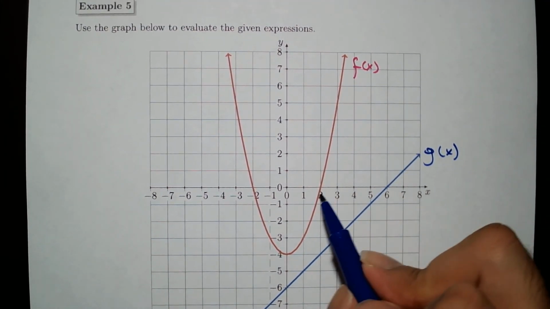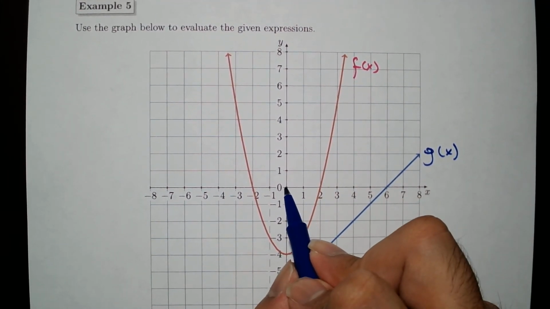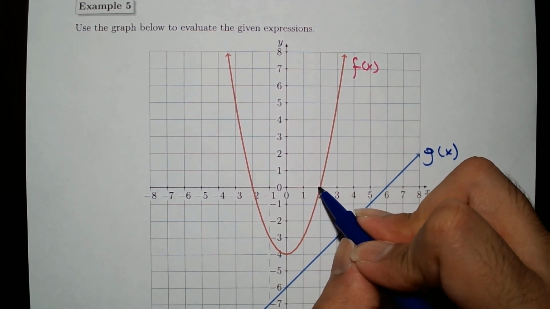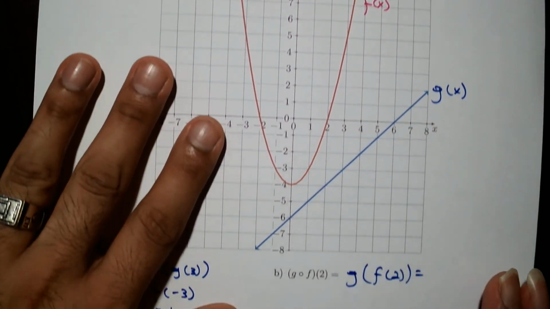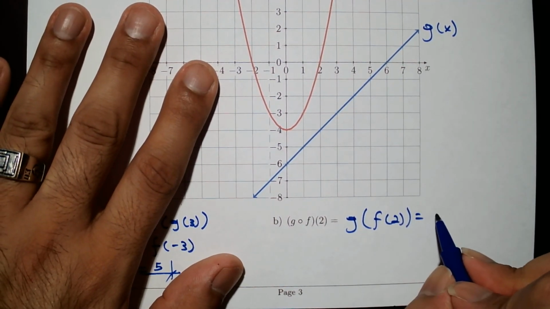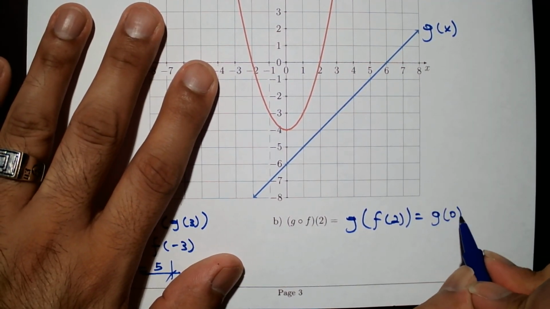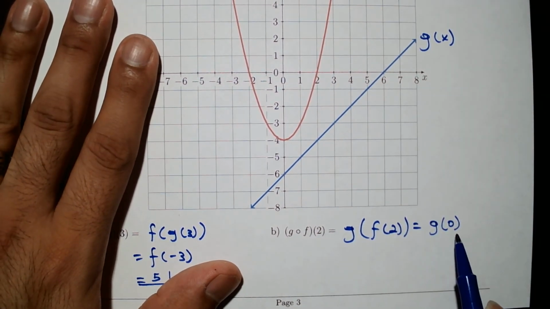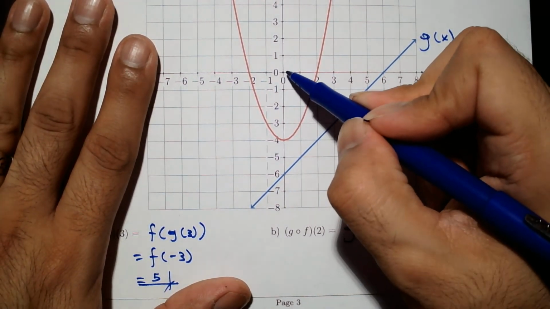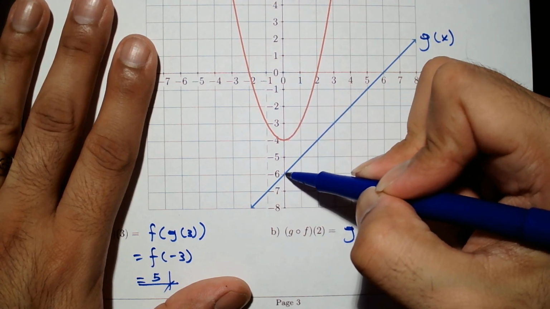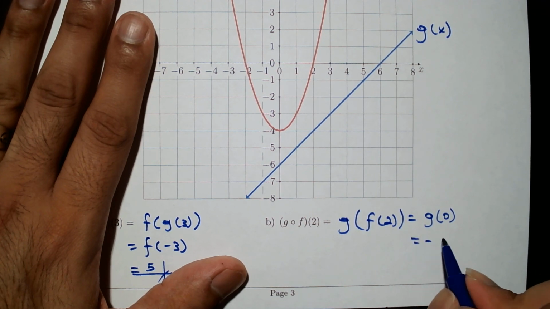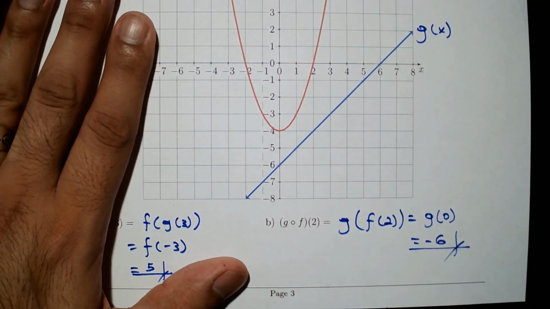F gets evaluated from the graph, so when the input of f is equal to 2, the y value is 0. And then now we go to g of 0. We use the line when x equals 0, the output is -6.